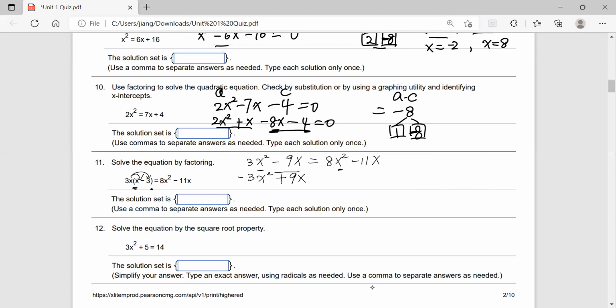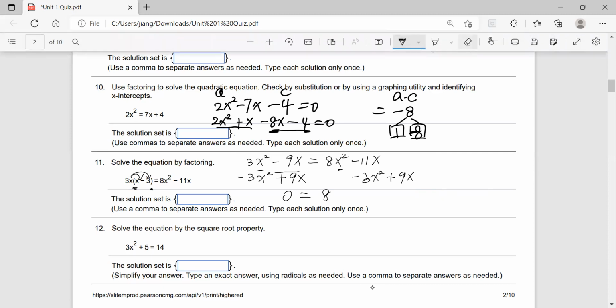So this side is 0, and the other side is 8x squared minus 3x squared, that's 5x squared, and then minus 11 plus 9, that's minus 2x.